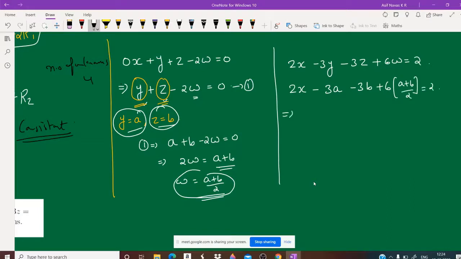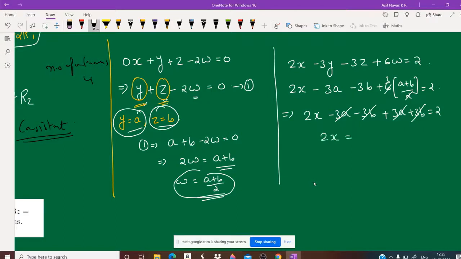So which implies 2x is equal to 2 minus 3a minus 3b plus 3a plus 3b. Six and 2 get cancelled. So this and this get cancelled.